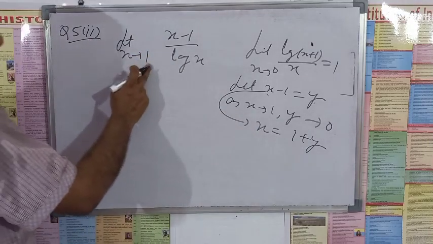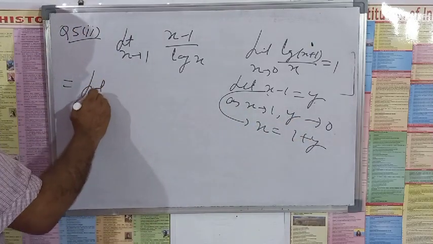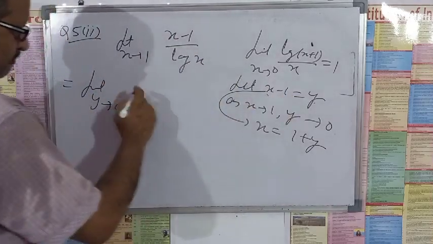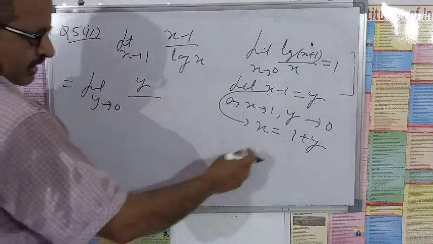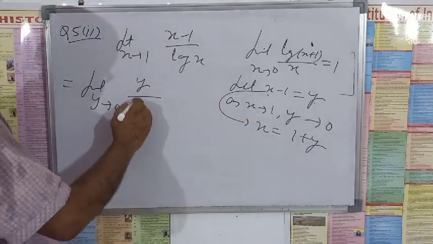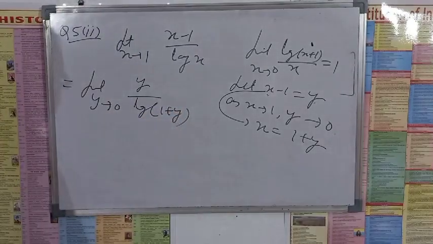And limit x tends to 1, it will be y tends to 0. Right here, limit y tends towards 0. x minus 1 we have supposed y. And x is 1 plus y. So it is log 1 plus y.